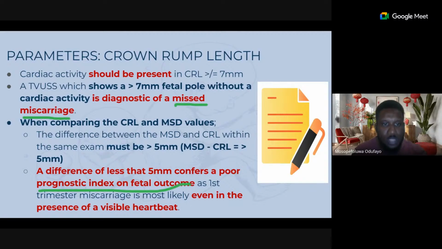So a difference of less than 5 millimeters between MSD and CRL confers a poor prognostic outcome. When we see it, we think, oh boy, I don't think this pregnancy is going to be fine. But we saw a heartbeat, trust me. If we come back next time, it's only by a miracle it might be fine. And this I have seen many times before.